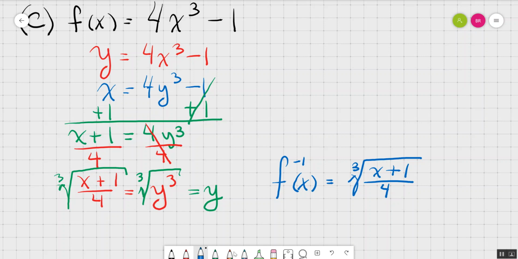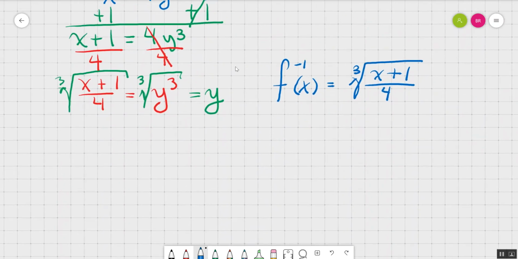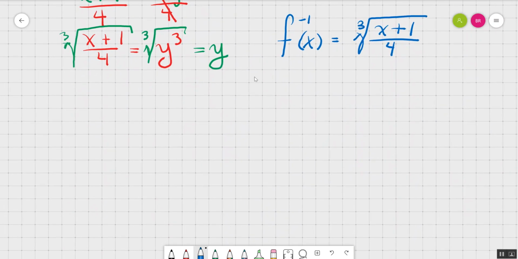Okay, just to hammer home that inverses do the opposite of the original, let's do a little bit of a graphical example. This should be fun. I like graphs.